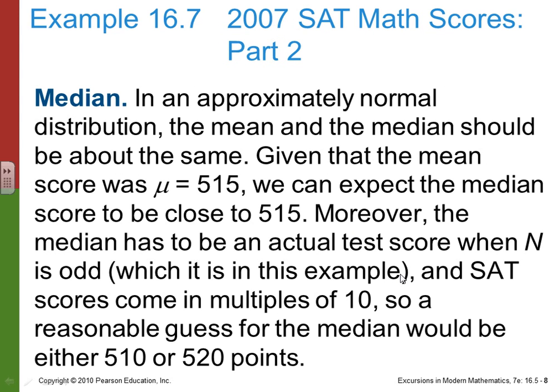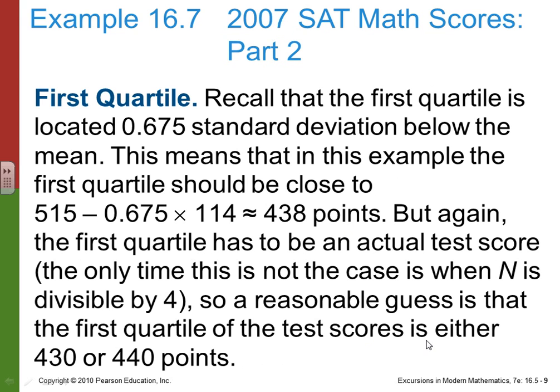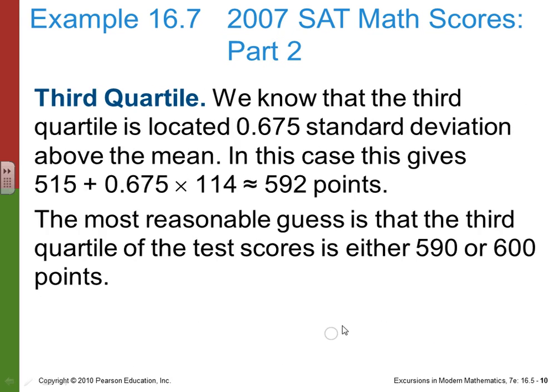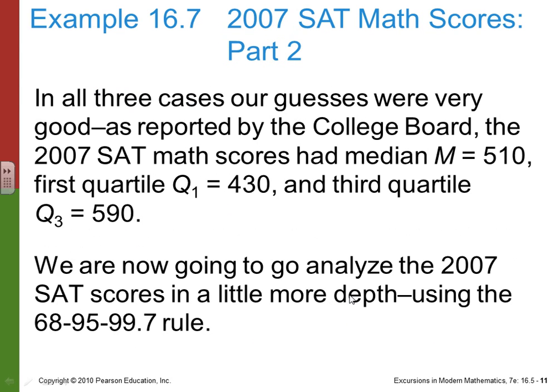The median and the mean should be the same in the standard deviation. Okay, well, that's fine. First quartile, we covered that already. Third quartile, we covered that already. College Board SAT scores.